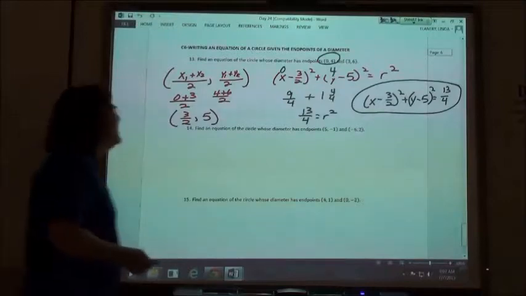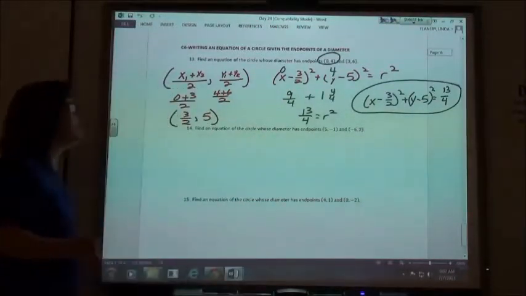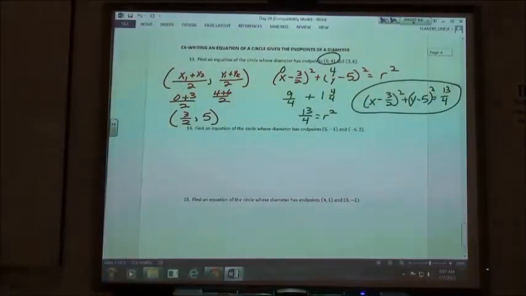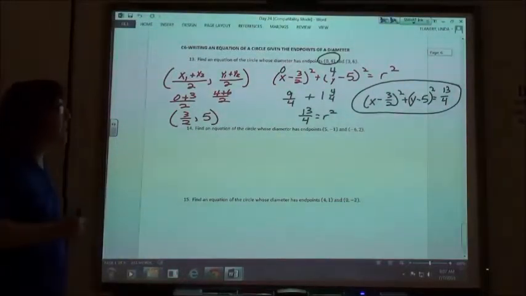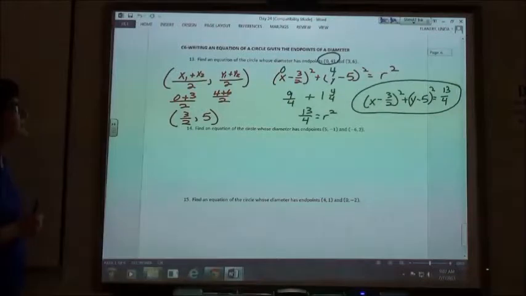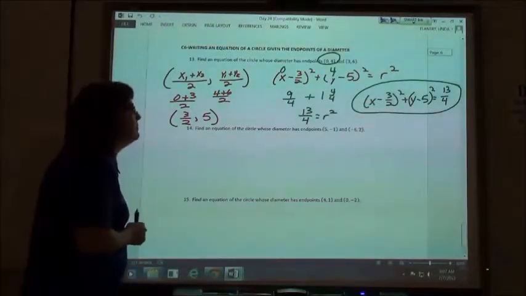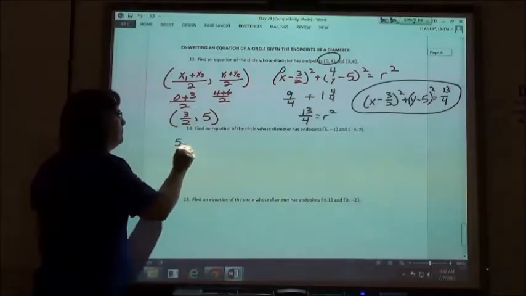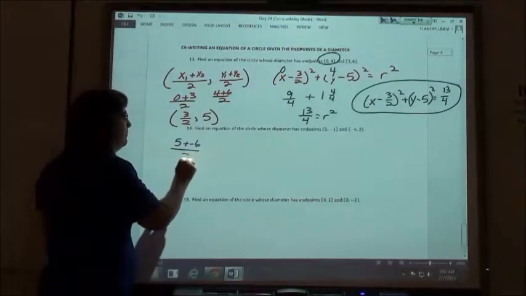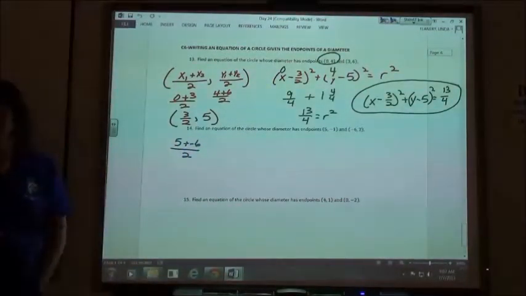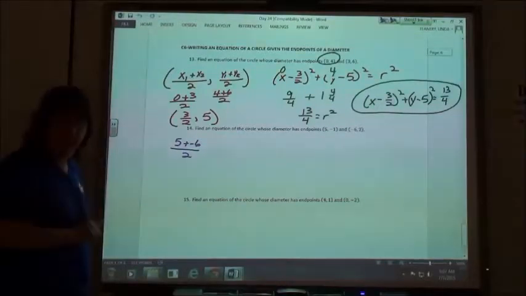All right. So 14, if I'm going to find my center, I'm going to find the midpoint between there. And so adding my x's and dividing by 2, I would get negative a half.